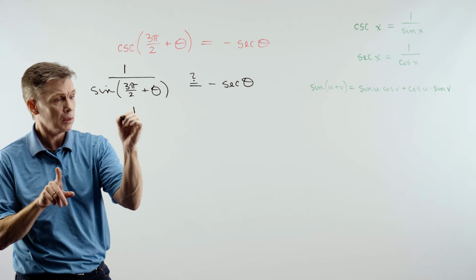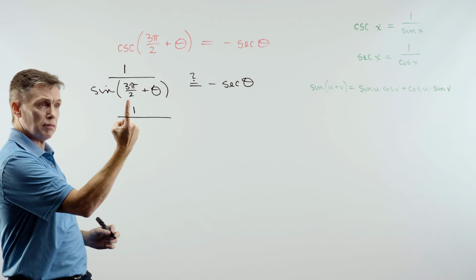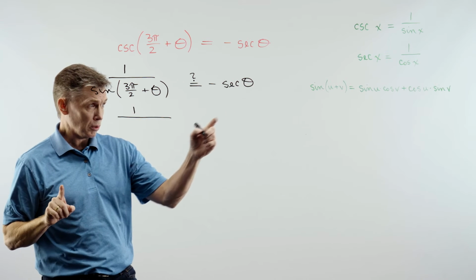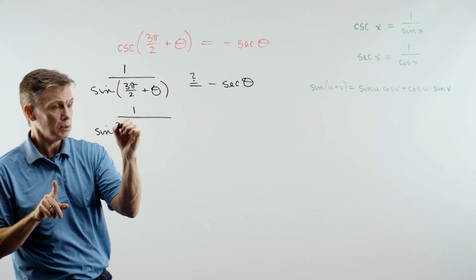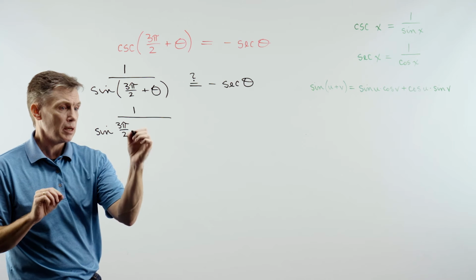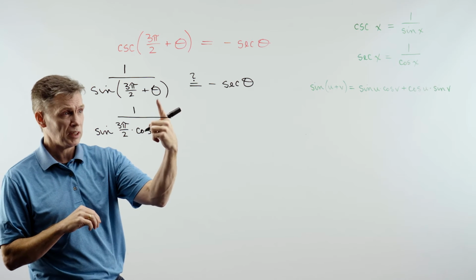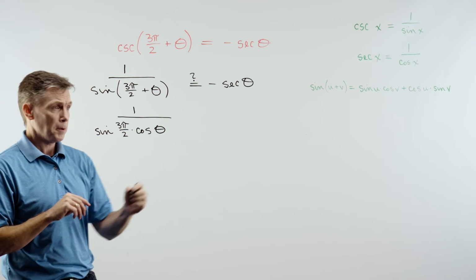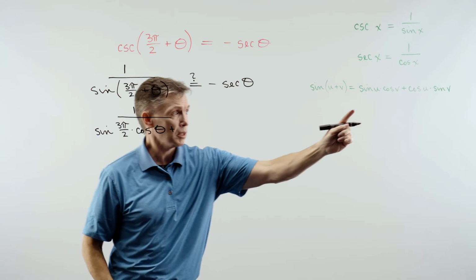So 1 over, and now this sine of, think of this as u plus v, and I'm going to follow that formula then, is that it's sine of u, which is the first term, 3 pi over 2, times cosine of v, which is the second term in the argument, which is the theta, okay, plus, and make sure you're keeping lined up with our identity over here.